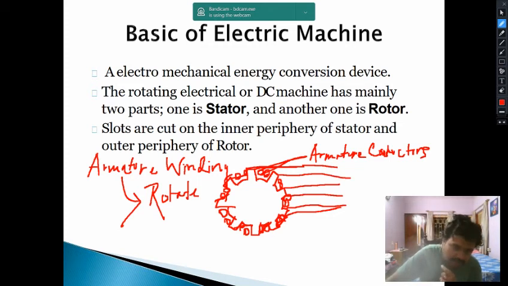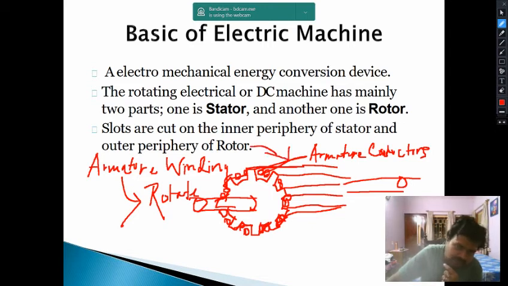And you remember, the rotor is housed on a cylindrical shaft. So the rotor will be placed on the shaft, and it will rotate in a particular direction. It may be clockwise or it may be anti-clockwise as shown, producing a particular torque and speed.